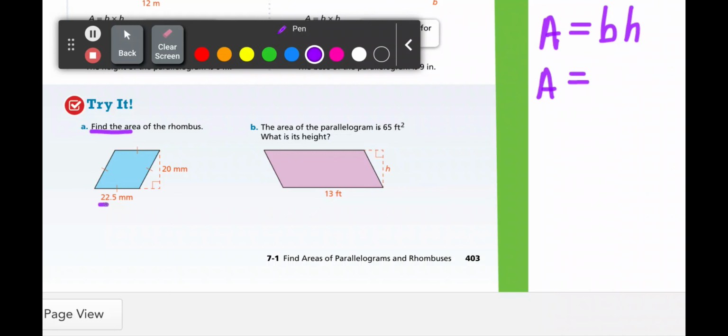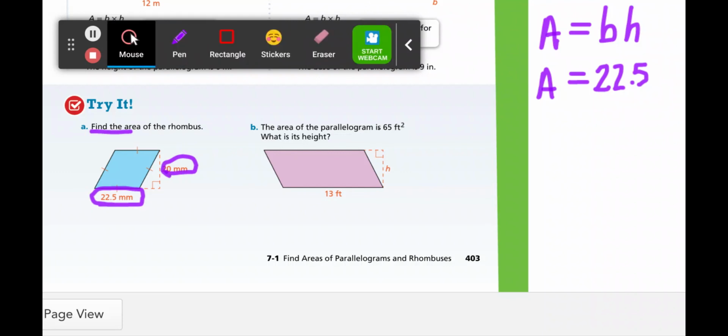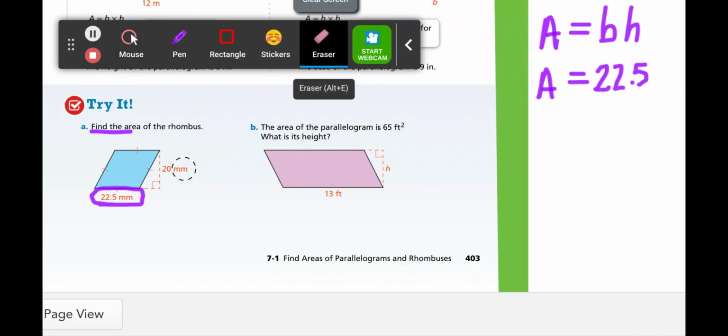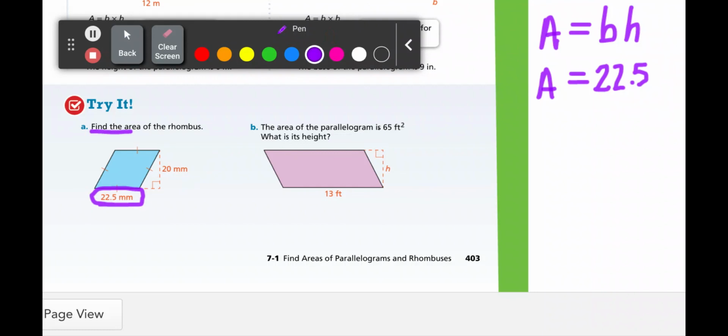Okay, so 22.5 millimeters. Is that the base or is that the height? That is the base. So we would have A equals 22.5 times the height here. Notice how the height is forming a perpendicular.